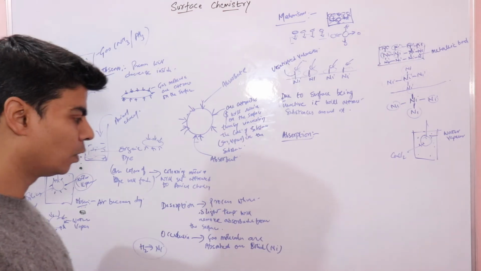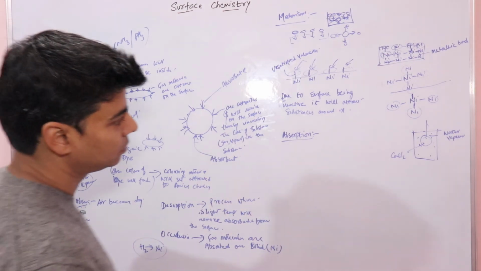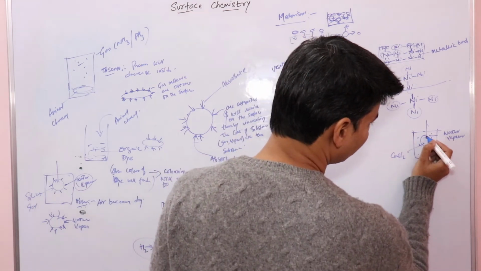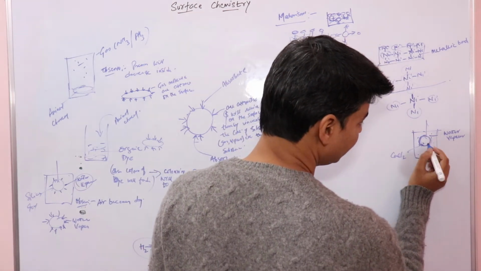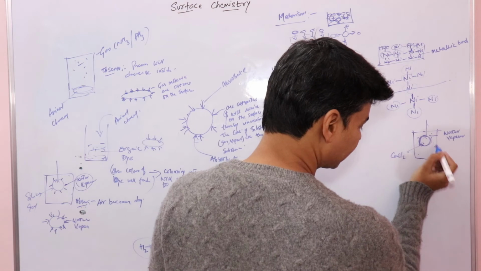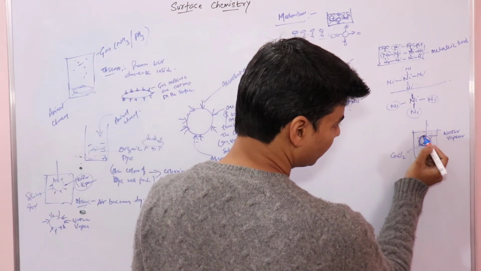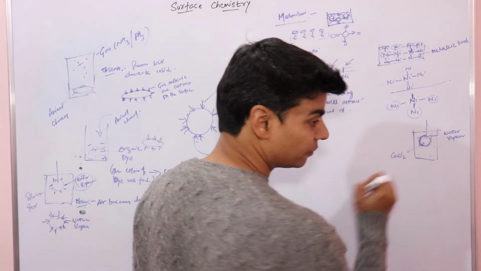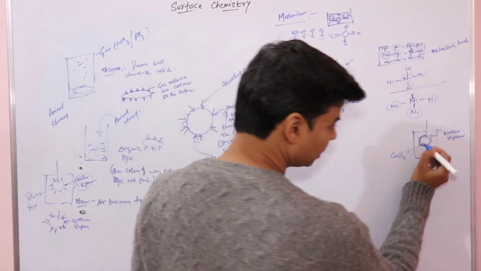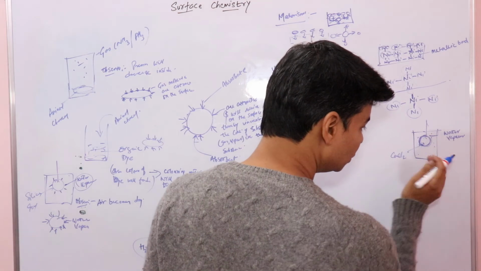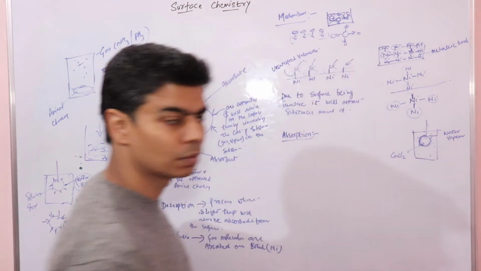time we observe that the water vapor is attracted by the calcium chloride. But in this case, the water vapor is not only at the surface of calcium chloride, but is distributed uniformly throughout calcium chloride.